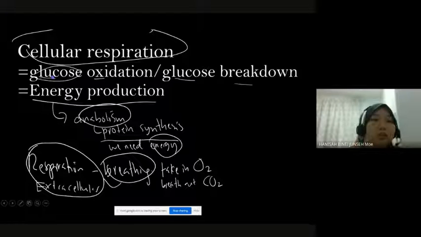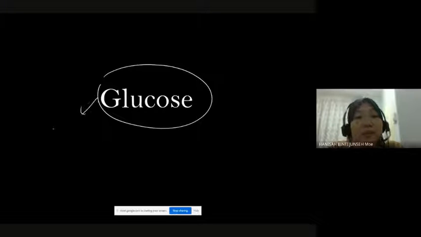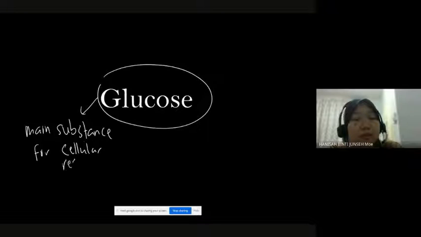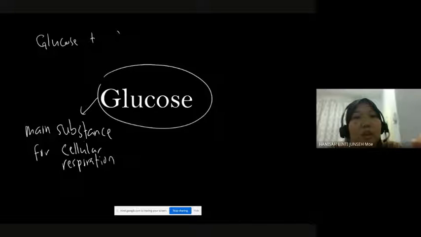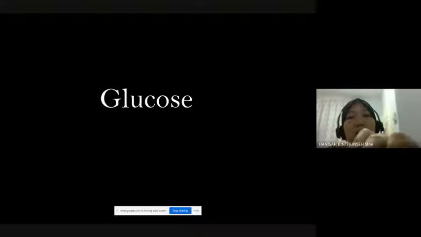Okay, again, cellular respiration is about energy production. What's with this glucose oxidation and glucose breakdown? Now let's go to the next slides. Glucose is the main substance for cellular respiration. Having said that, when I say cellular respiration, it starts with glucose reacting with oxygen to produce ATP.